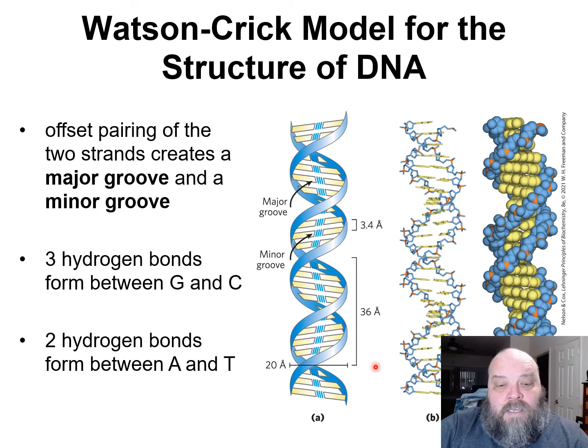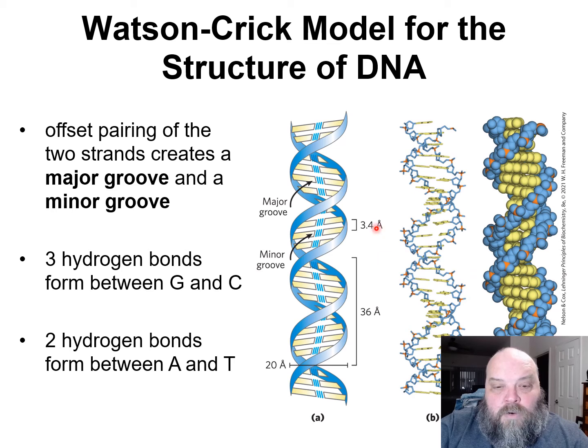That distance is 36 angstroms, which is roughly 10 rungs. 10 rungs, 3.4 between, have to add in the physical width of the nucleotides themselves, the nitrogenous rings and the rungs, comes out to be just under, round up to 36 angstroms.